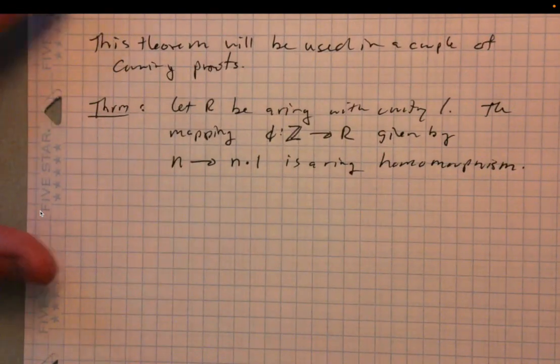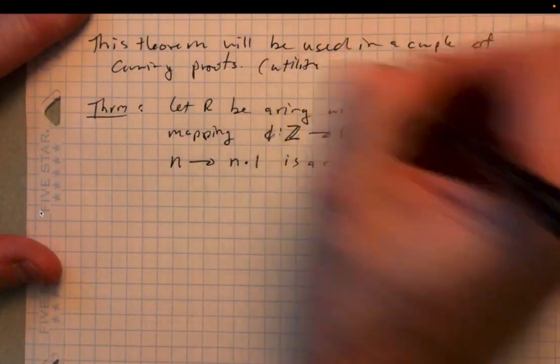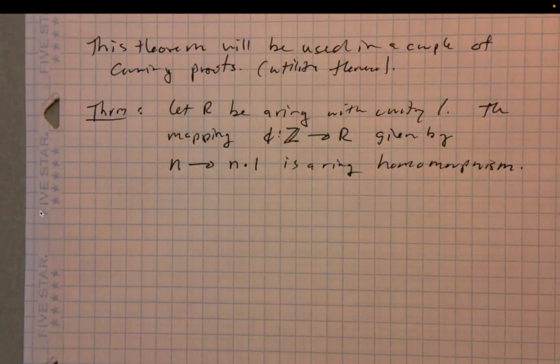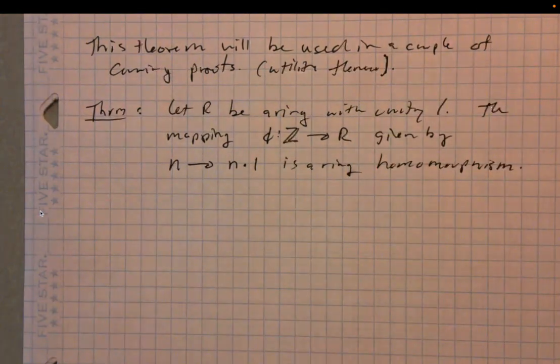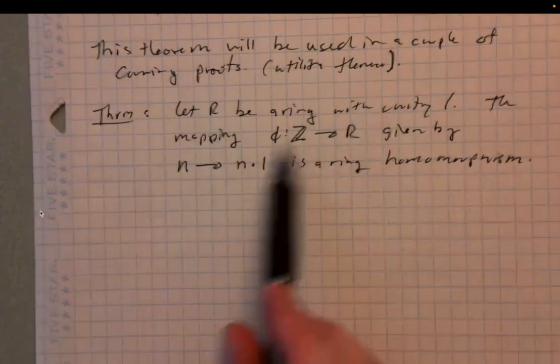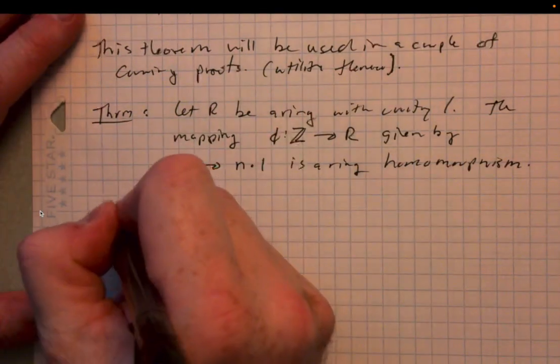Again, this is what I would call a utility theorem. It's very useful in some of the proofs that are coming up. So we're basically just saying, I've got a ring with unity 1. There's this mapping from the integers into this ring that is given here, and indeed this mapping is a ring homomorphism. Okay, let's prove this quick.